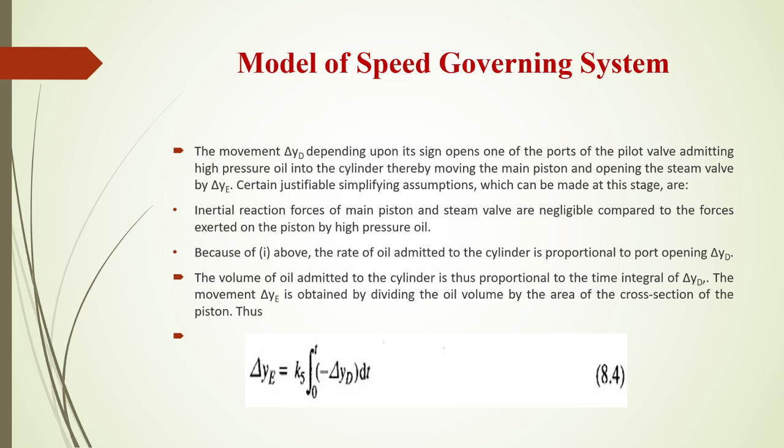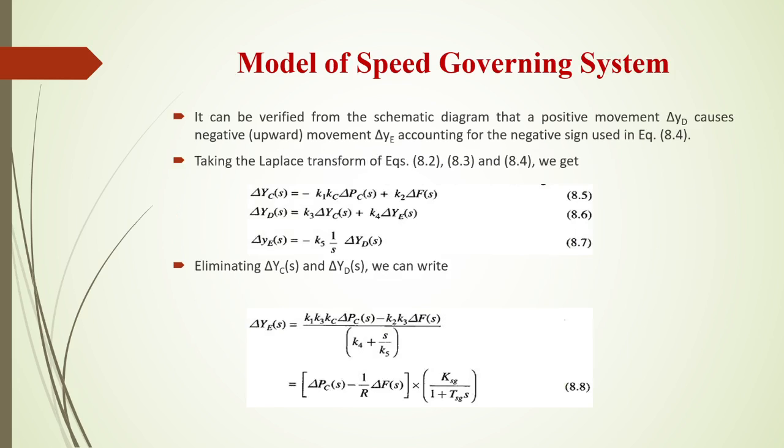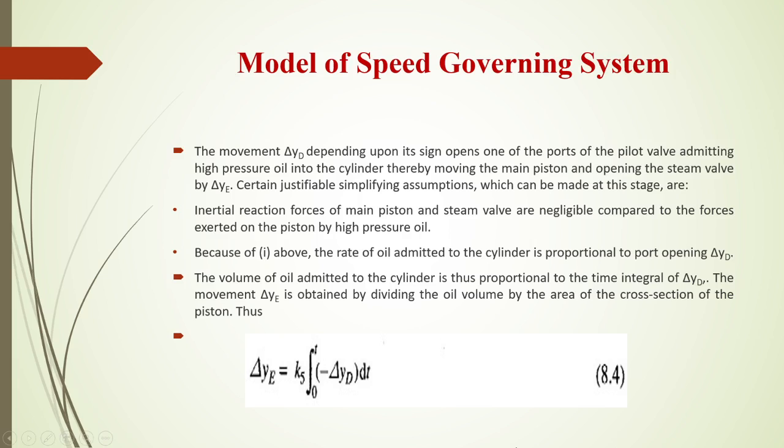So delta YE we write as K5 integral 0 to t of minus delta YD dt. From the schematic diagram we can see that a positive movement of delta YD will cause a negative movement of delta YE, so a negative sign is used in this equation.